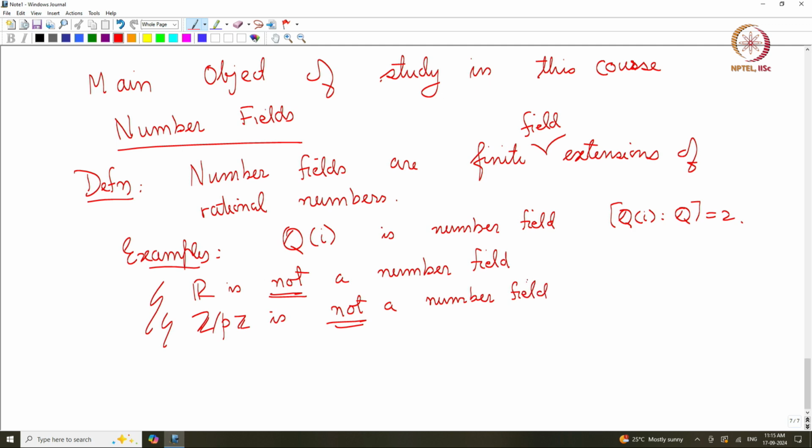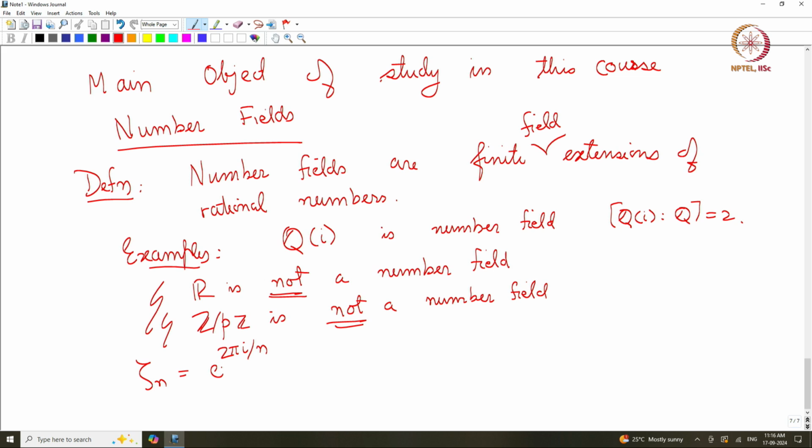But more generally, as a generalization of Gaussian numbers, you can have the following thing. You can define zeta sub n to be e to the power 2 pi i by n. Okay. So, zeta 4 is i, it is one of the possibilities for taking i, right.